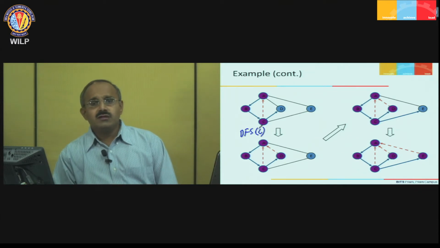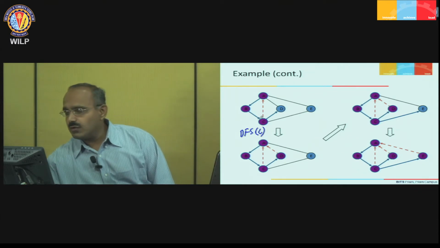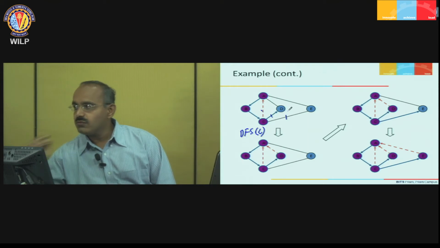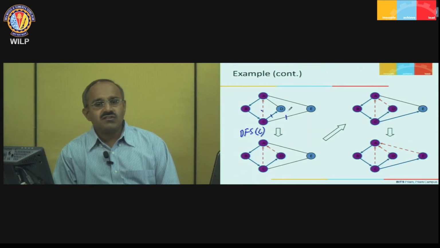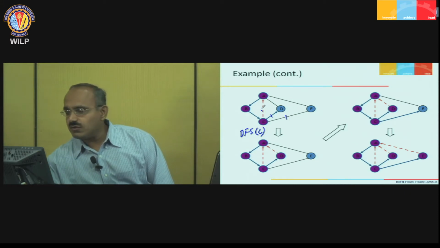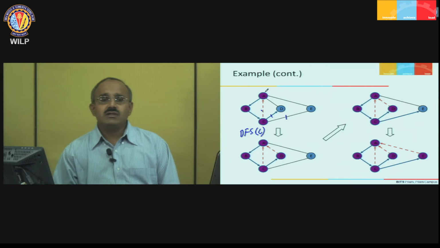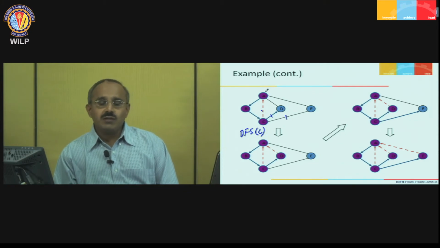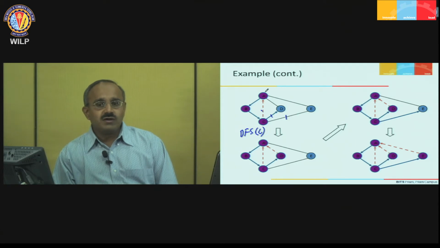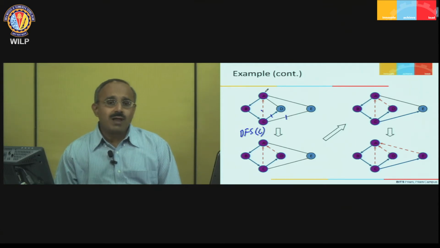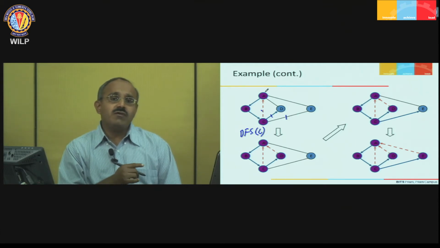Now, this edge is already explored. There are three unexplored edges incident on C. We choose this and observe that this edge actually leads to a vertex which has already been visited. That means this edge leads you back to the point where you started.